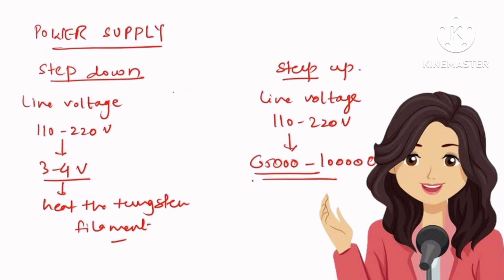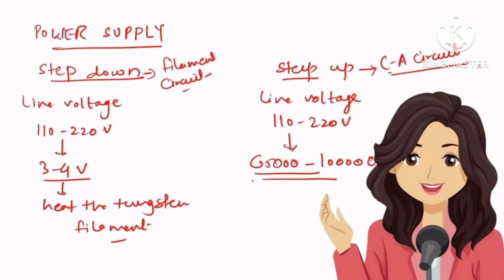So we have two circuits here: the step down transformer maintains the filament circuit, the tungsten filament, and the step up transformer maintains the cathode to anode circuit. So there are two transformers.